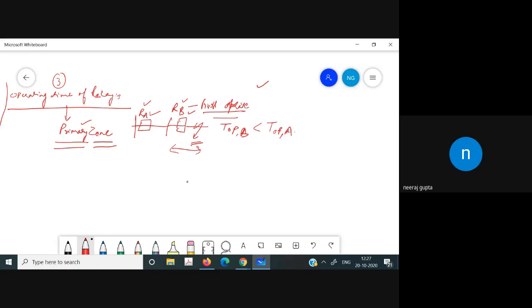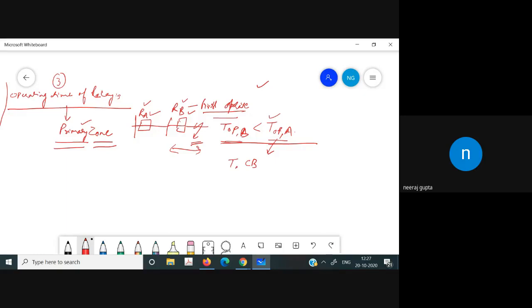Now, what do we have to take into consideration? We have to take into consideration that the operating time of B is less than the operating time of A. However, whenever A operates, A will give the signal to the circuit breaker. So there is some circuit breaker operating time also.